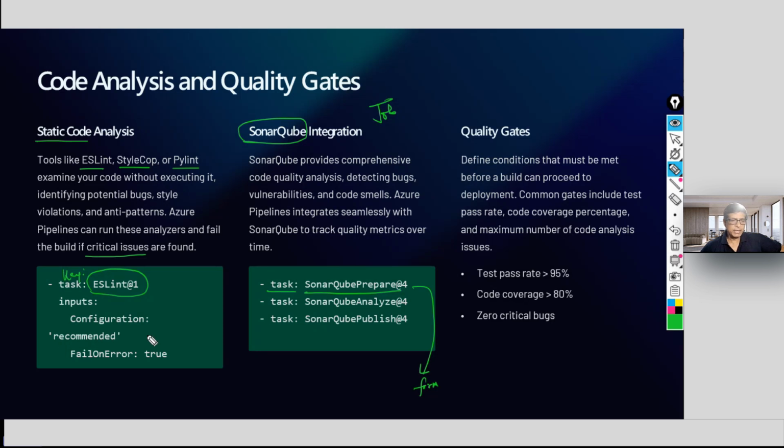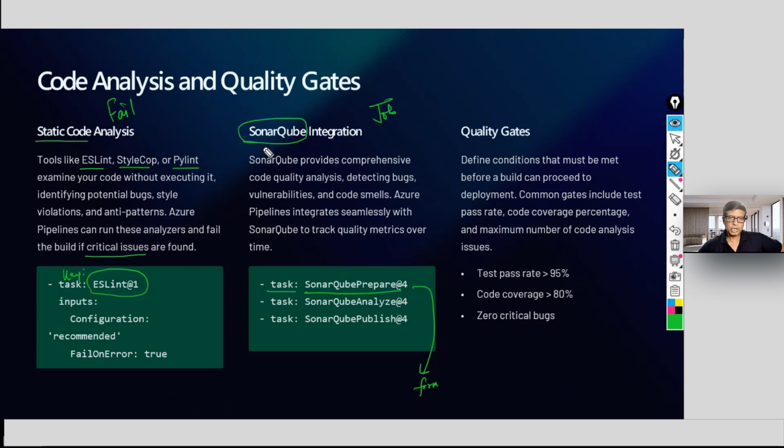And then you say the recommended setting is fail on error. That means if there is an error, you will fail the entire test. If the output is an error, then you will not pass. The analysis will fail; there is something that has to be taken care of in the code.